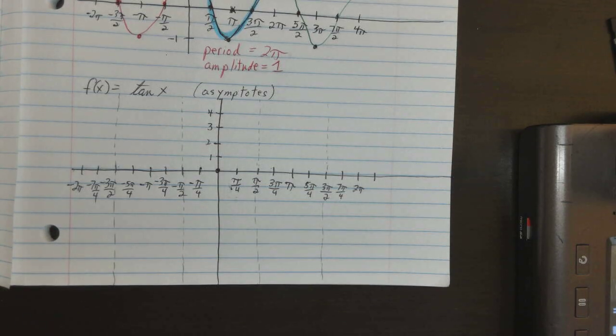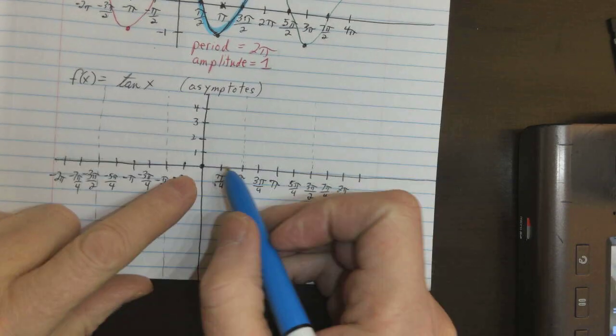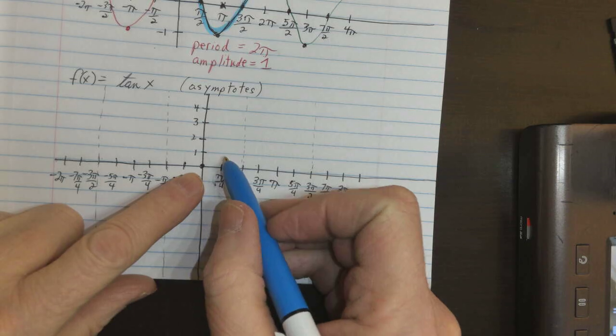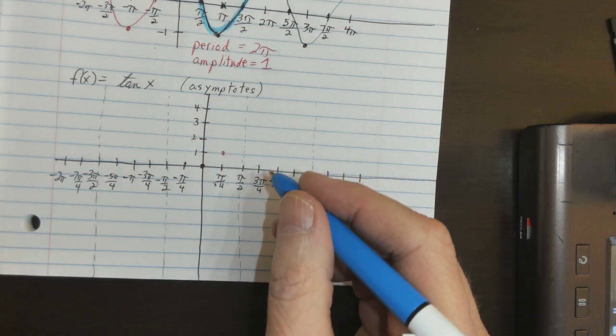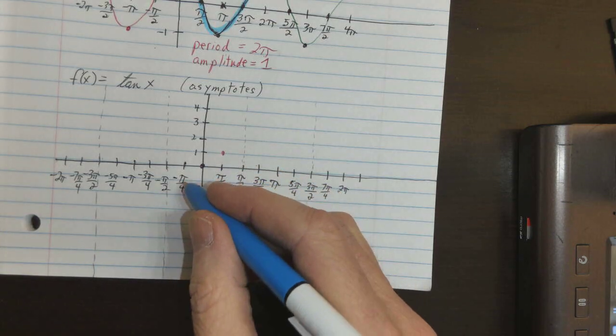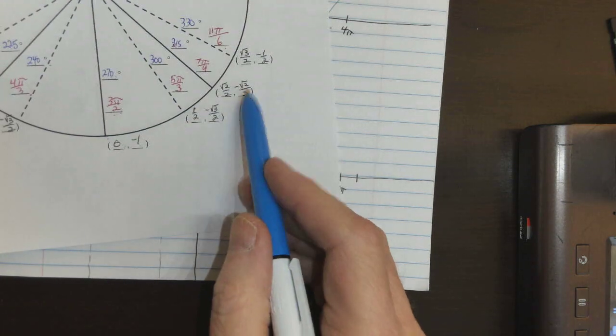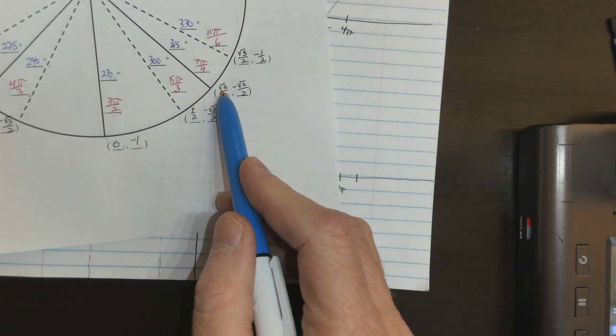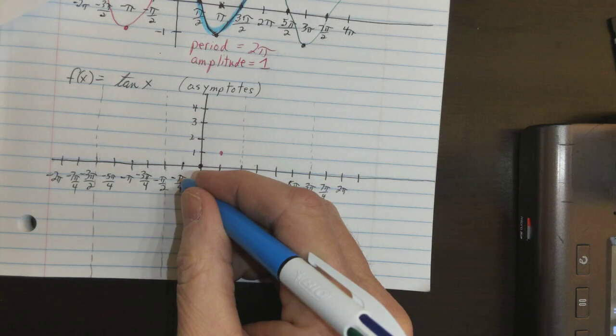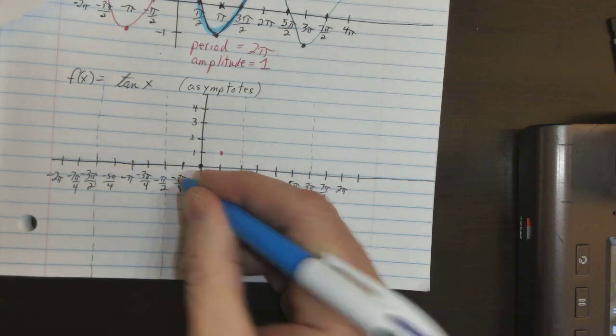At pi over 4, it's square root of 2 over 2 and square root of 2 over 2. At negative pi over 4, it's negative square root of 2 over 2 over the positive square root of 2 over 2, which is negative 1. So right here is negative 1.